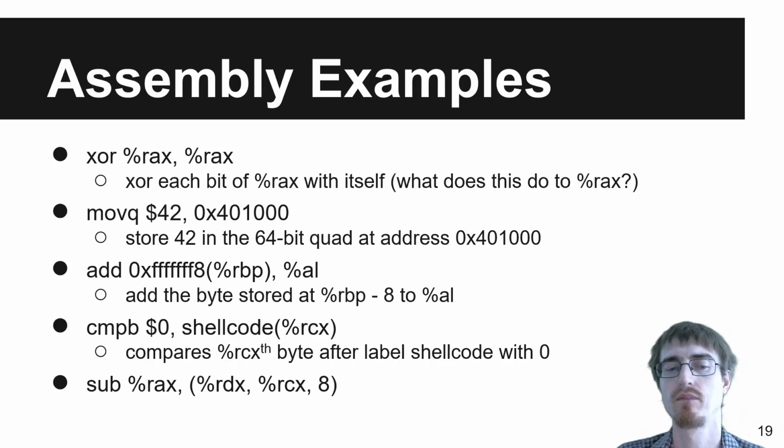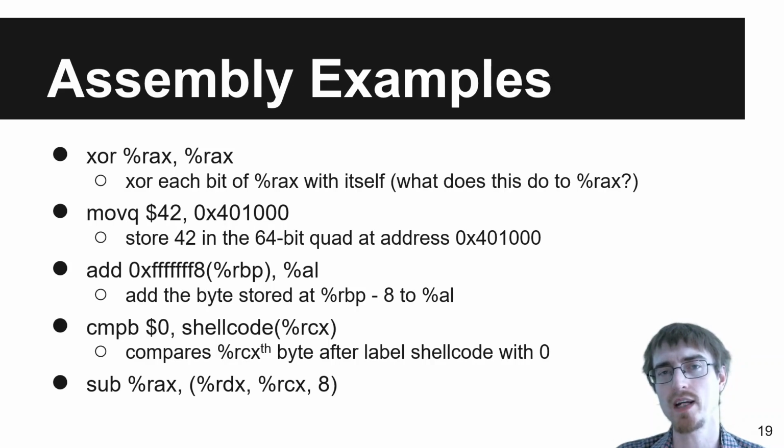So next one, subtract source operand REX, destination operand is another memory computation. The base is RDX, the index is RCX, and the scale is 8. That is, we have an array with elements of size 8 that starts at the address RDX, and then we take element RCX. Okay?